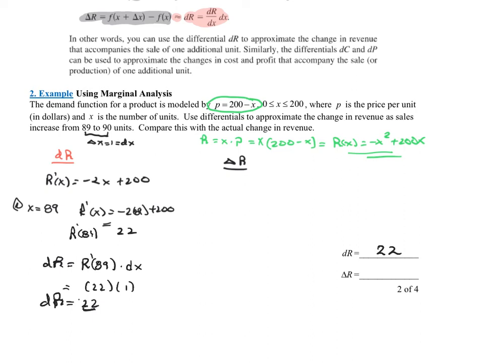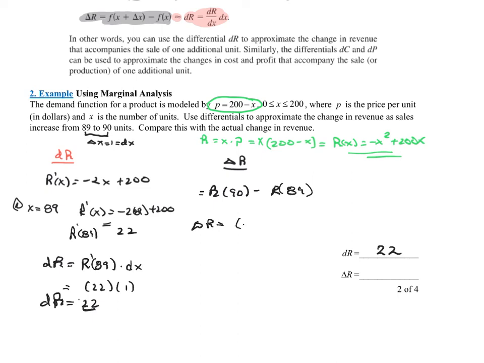Well, let's find out what actually did happen. The way we do this is we plug the two numbers into the original revenue function and we subtract them. In other words, what we want to find is r of 90 minus r of 89. Just plug those into the actual revenue function.